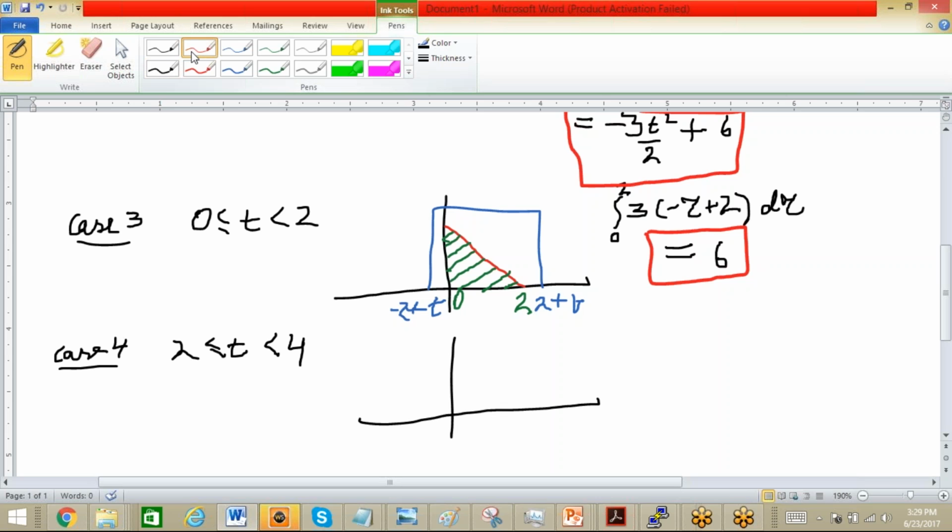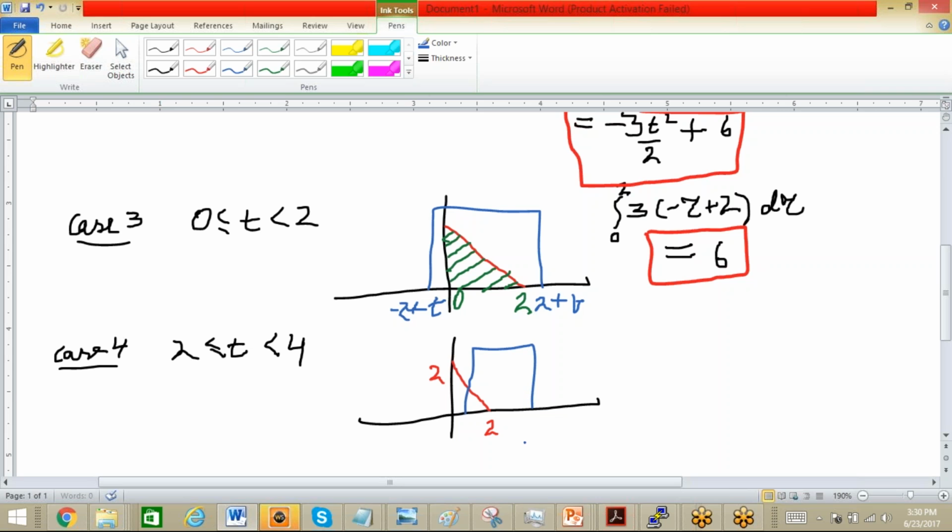Okay. So let's see what happens. This is 2. This is 2. Okay. Fine. So this time as well, if I plot a graph, it should look something like this.